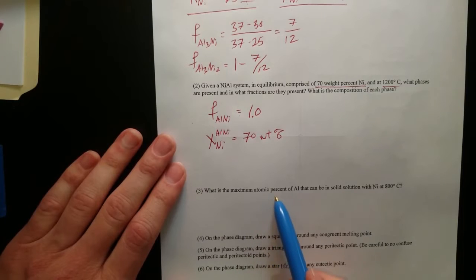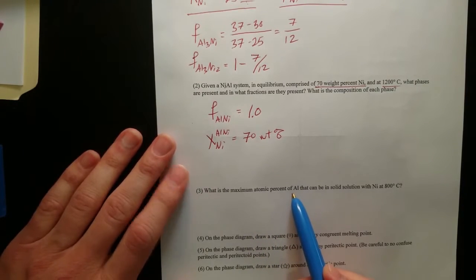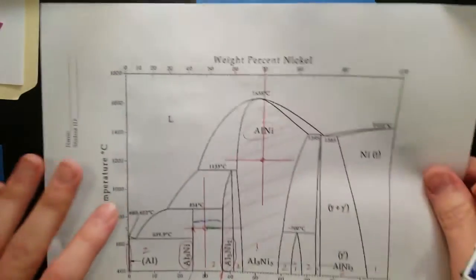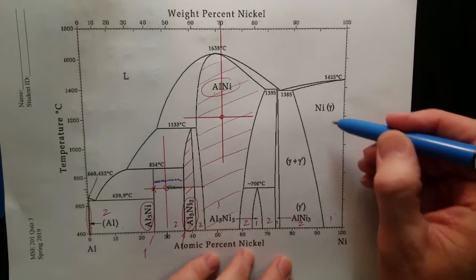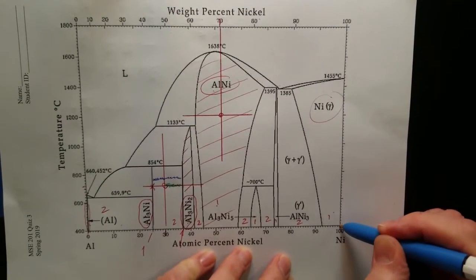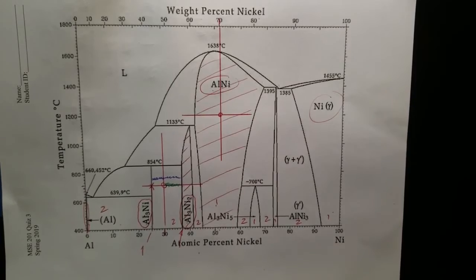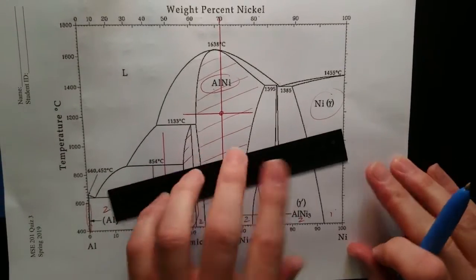What is the maximum atomic percent of aluminum in nickel at 800 C? So this is our pure nickel, and we said 800, so that's going to be here.